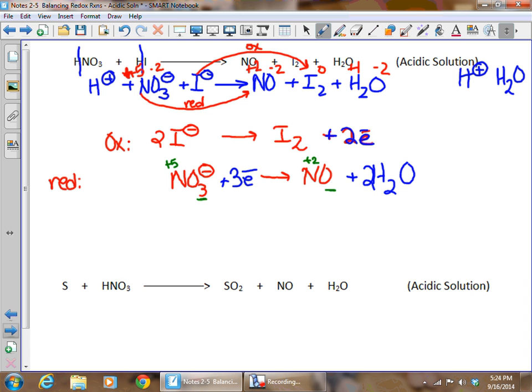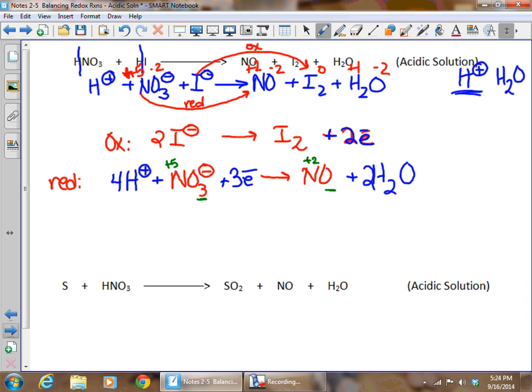So now we have our 3 oxygens on the right, 3 oxygens on the left. But what did we mess up when we did that? We messed up hydrogens. We don't have any hydrogens on the left, but remember, we've got all the H pluses we want to work with. So since we added in 4 hydrogens on the right, we're going to need 4 H pluses on the left to get that to work out.